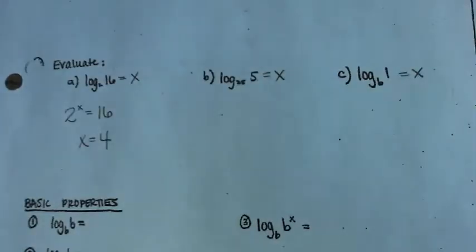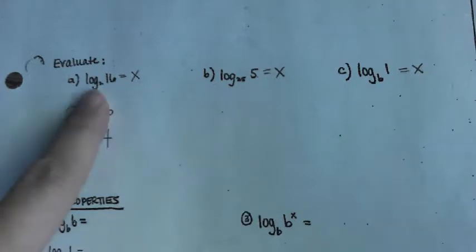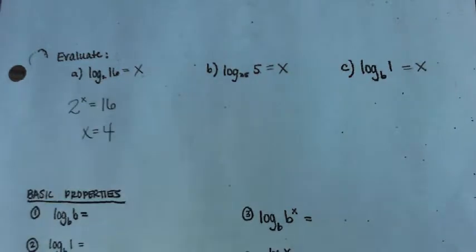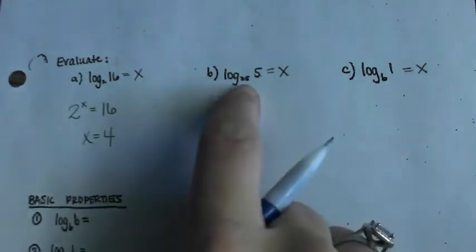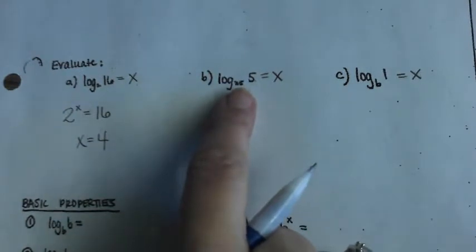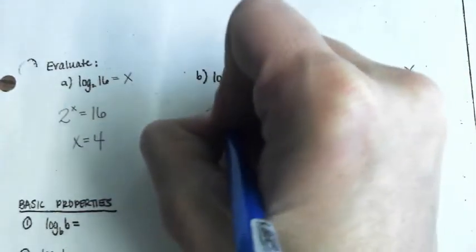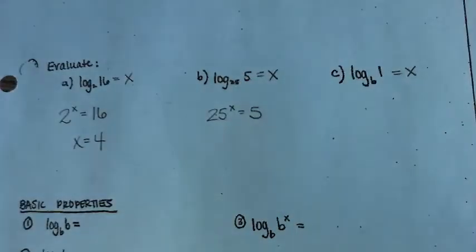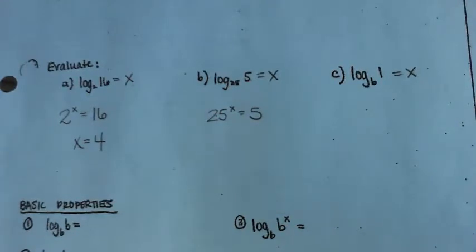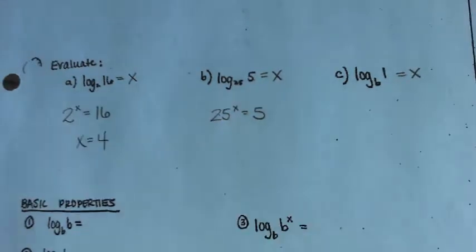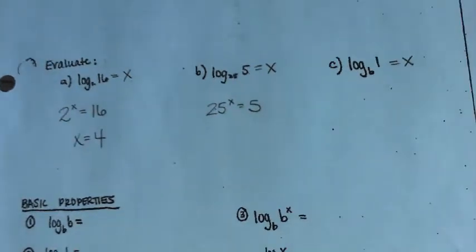Did Mrs. Ziggy start these by calling it the what power function? Like 2 to what power gives you 16? Exactly, good. So maybe we can do these without doing that. 25 to what power gives you 5? Olivia.